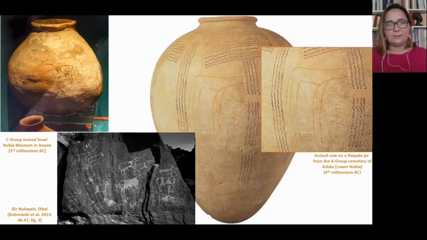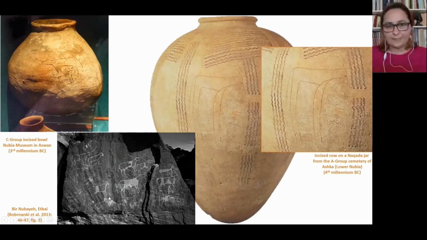With the cattle scenes. We know of comparative data from pottery, for instance, dated to the 3rd and 2nd millennium, but also from the 4th millennium. And we have evidence along the Nile, so in the Nubian Nile area, of the Middle Nile area, but also in the Nubian Eastern Desert or at Bai.